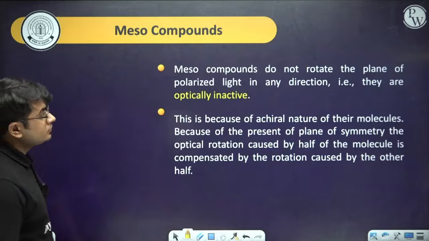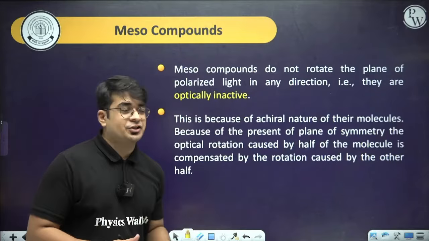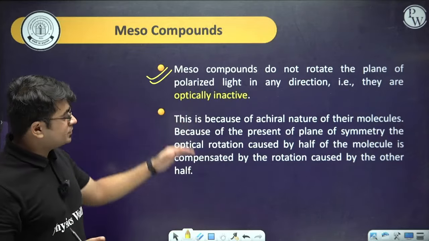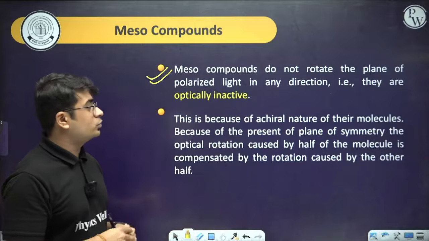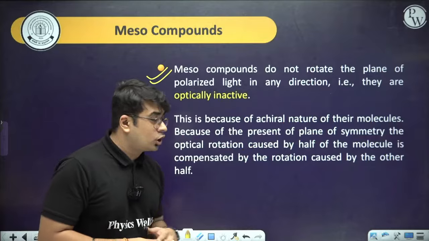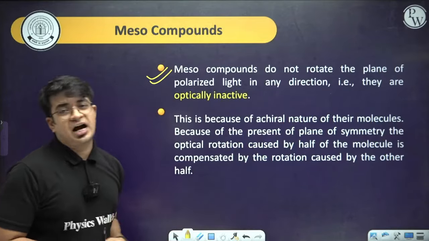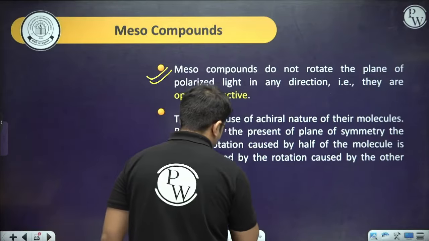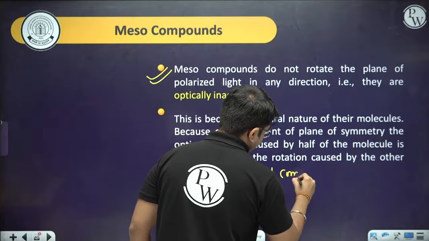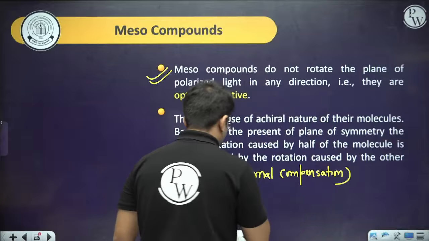Okay. Now, meso compounds do not rotate the plane of polarized light in any direction. It means they are optically inactive, and we know the reason. This is because of the achiral nature of their molecules. Because of the presence of a plane of symmetry, the optical rotation caused by the first half of the molecule is compensated by the other half. This is known as internal compensation.